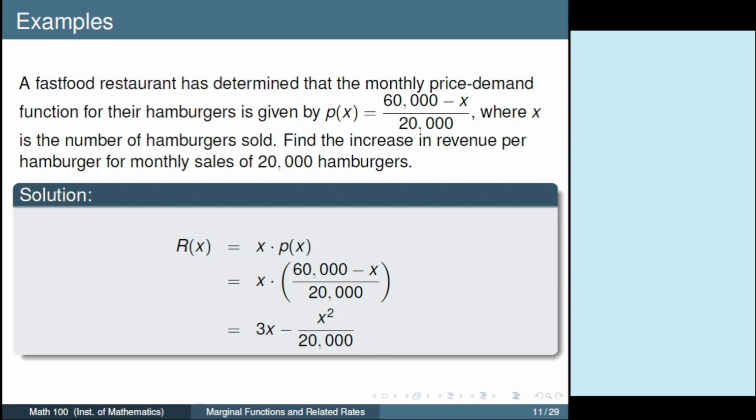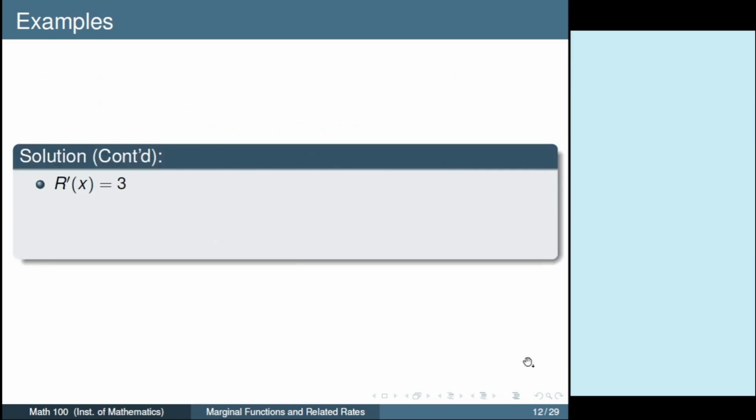We want to find the increase, so the rate of change. So, you're gonna get the marginal revenue. That's R prime of x. That equals 3 minus x over 10,000. So, this is just the derivative of our R of x.